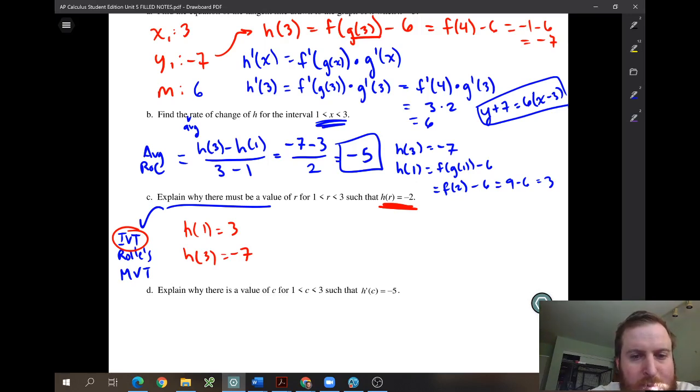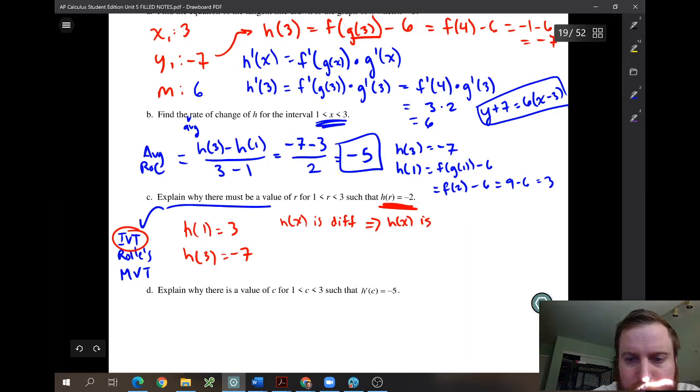So we'll say something like h of x is differentiable, so it's also continuous. Therefore, IVT applies. We need to write that.